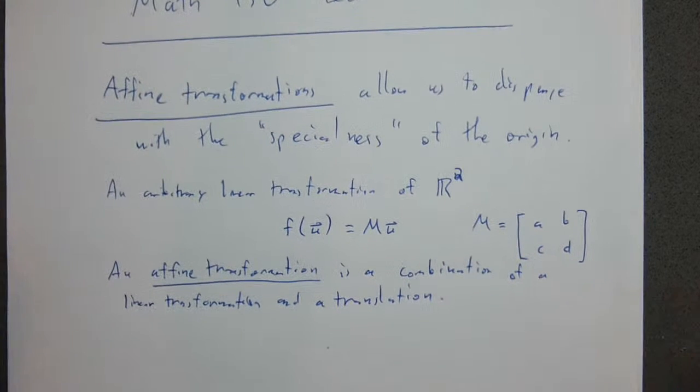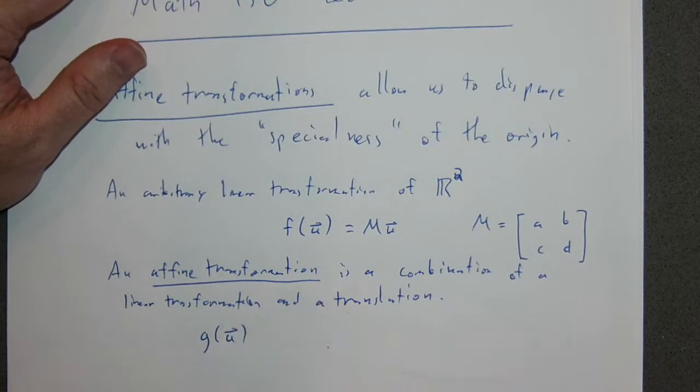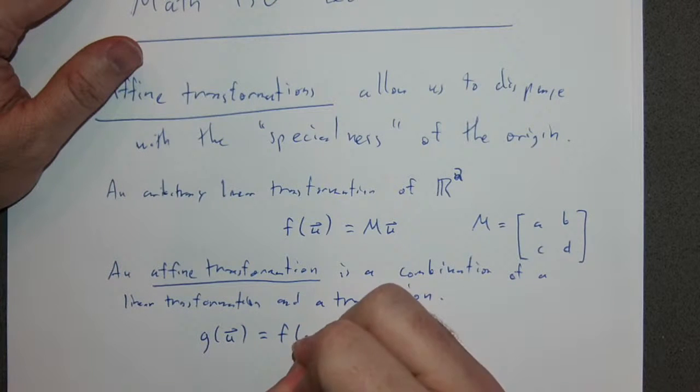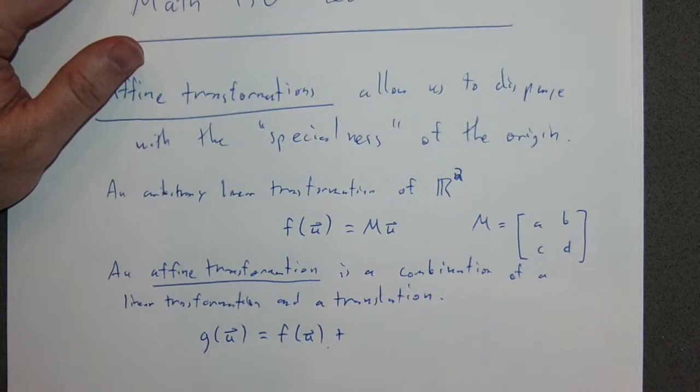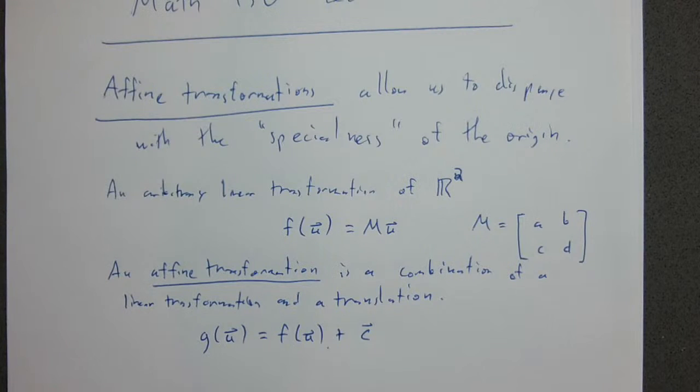And so the generic affine transformation might look like G of U, which is F of U plus some constant vector.